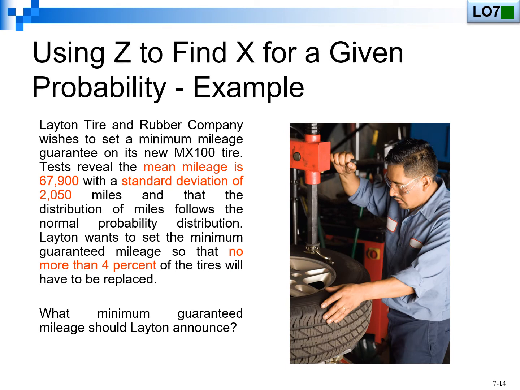Now, sometimes you're going to be given a problem where you're going to know a z value, but they're going to make you work backwards to solve for x. So anytime you have to do a problem like this, I just like to go back to the simple formula and just remind you that the actual formula to calculate a z-score is x minus mu divided by sigma.